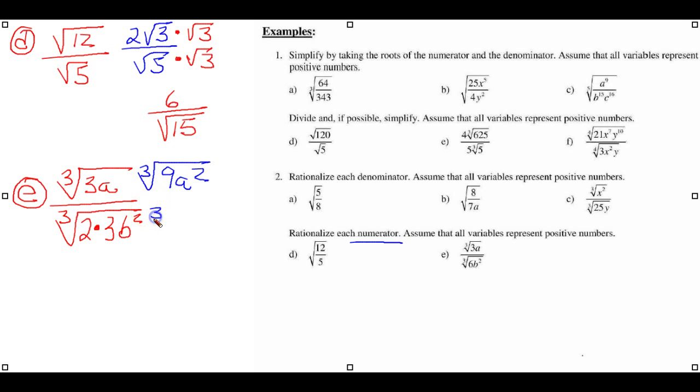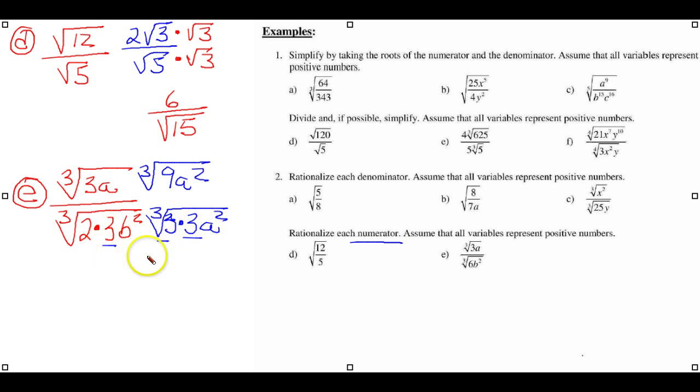And our bottom, now notice what I did. I teased that bottom apart into 2 times 3. Because, again, our 9 is 3 times 3, and then we need an a squared there. But I don't know if you noticed, we now have 3 3's.